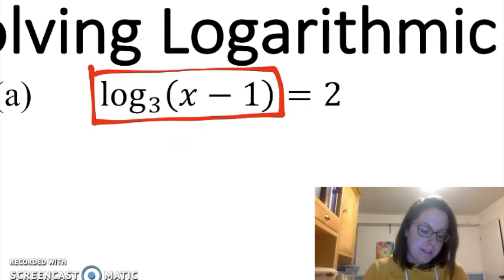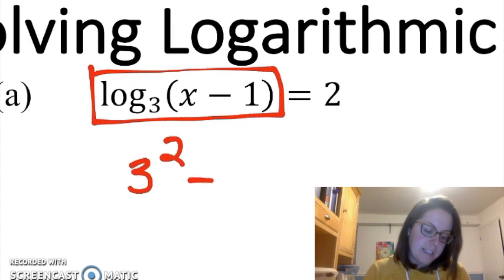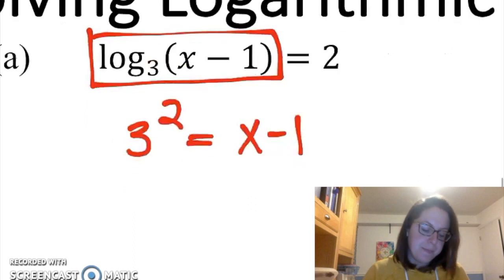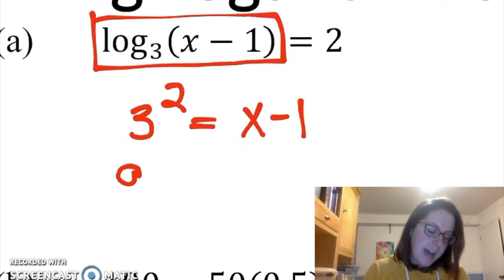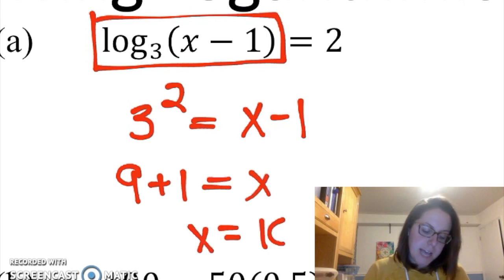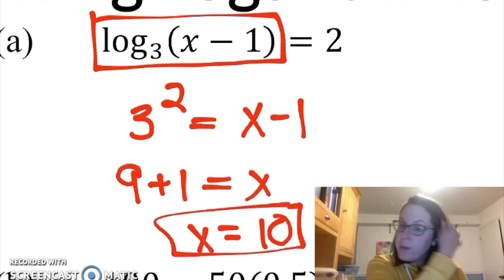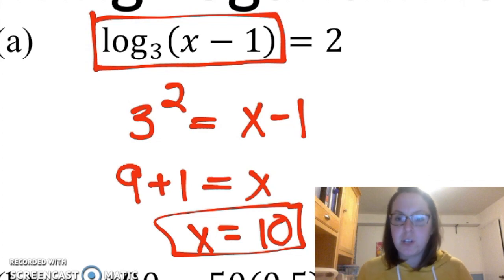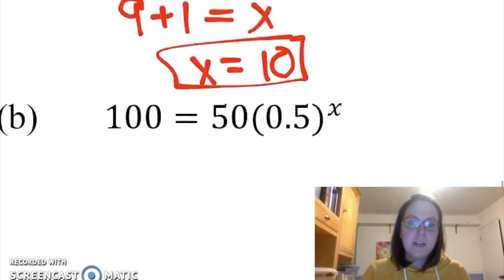So converting this, what power of 3 equals x minus 1? 3 to the second equals x minus 1. Then we add 1 to both sides, so x equals 10. Remember, with log equations, you should plug your answer back in to make sure it's not extraneous. This is not. All right, let's look at another one.